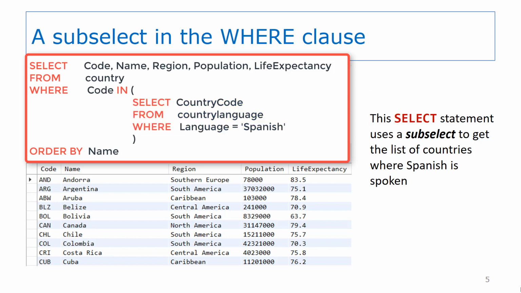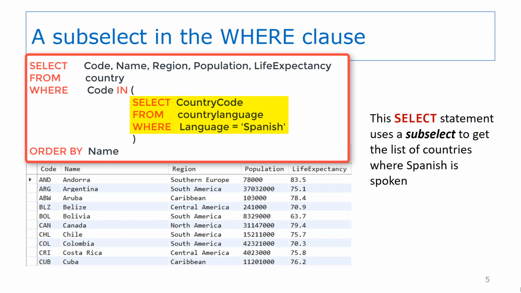To understand how this works, start with the embedded select. The only difference between this select and the one you saw on the previous slide is that we are now selecting just the country code column. We are not using select all to get all of the columns. The result set of the embedded select contains a list of country codes where Spanish is spoken.